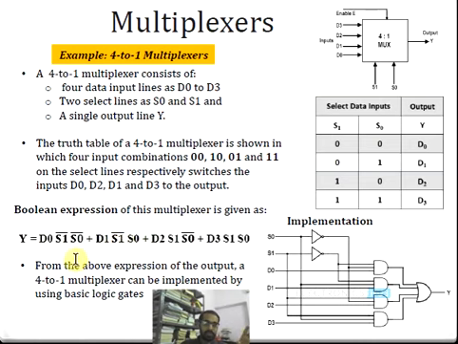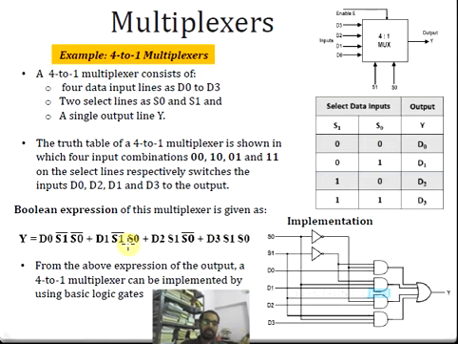When S1 is 0 and S0 is 1, only this term will be transmitted, and all the others will be 0. When S1 is high and S0 is 0, this term will be transmitted, and when both are high, this term will be transmitted. This is how we construct the Boolean expression from this truth table.